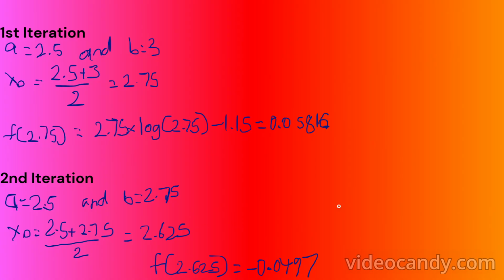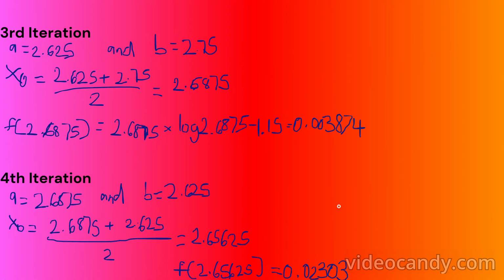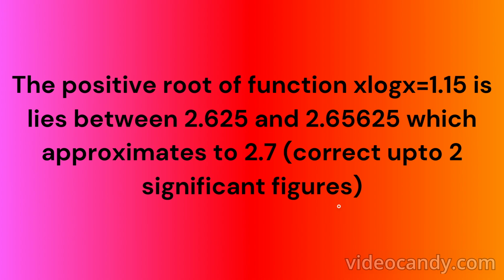The positive root of the function x log x equal to 1.15 lies between 2.625 and 2.65625, which is approximated to 2.7, correct up to 2 significant figures.